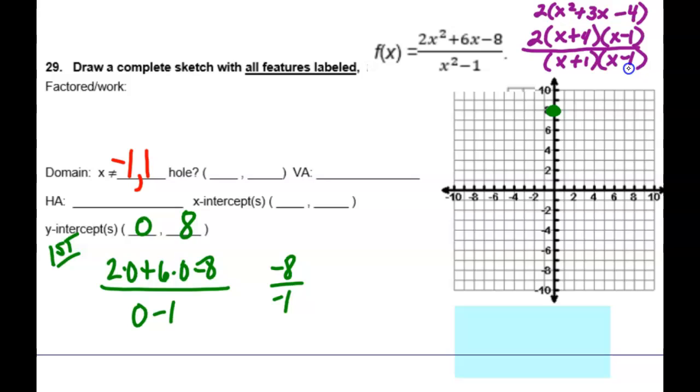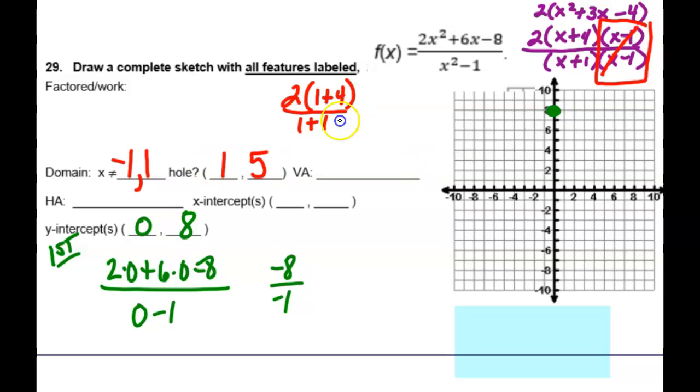Now there is a hole at what? At +1, there's a hole. So if we remove that factor, we have 2 times 1 plus 4 over 1 plus 1. Anybody know what that becomes? It is 5.